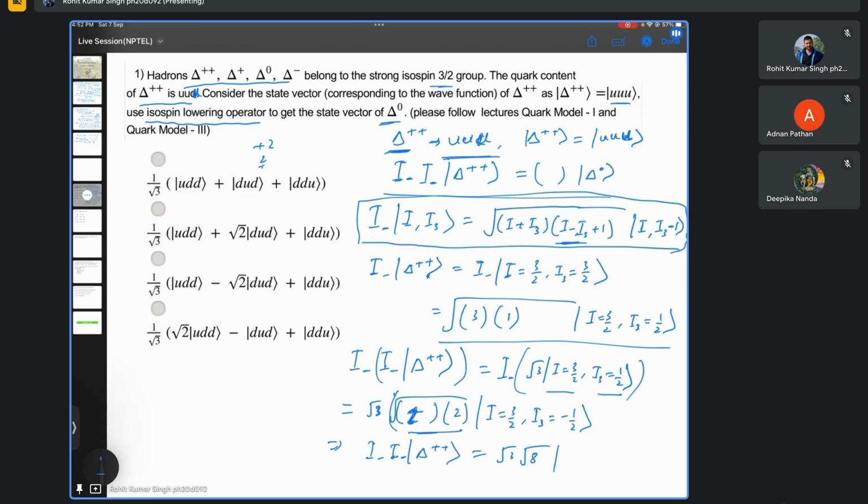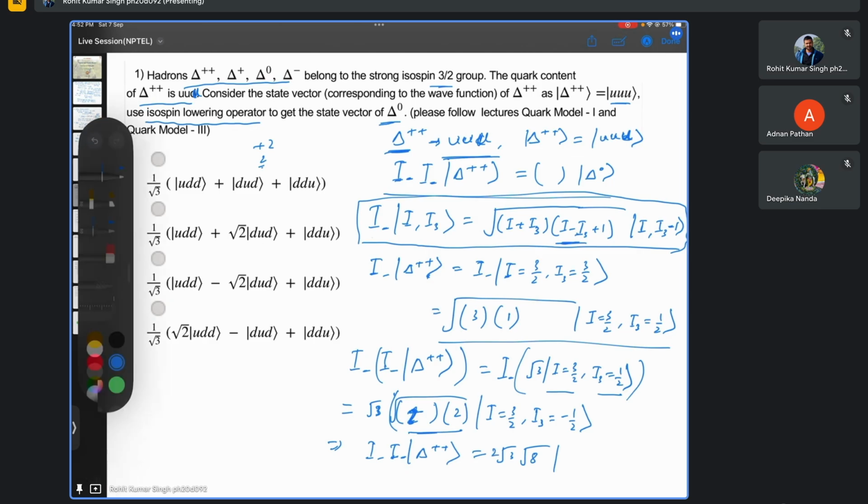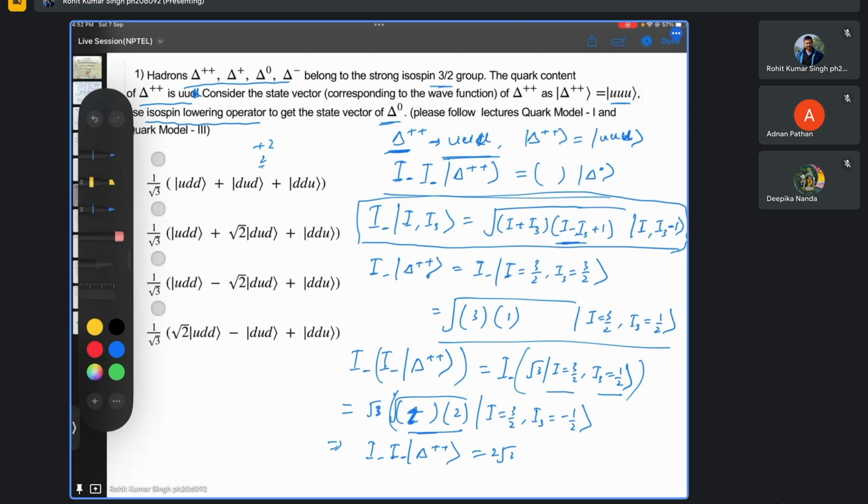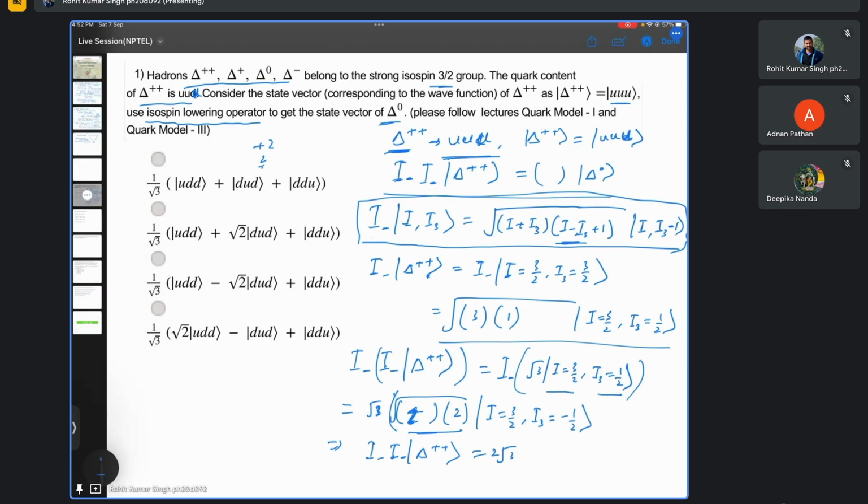Okay, then you have just 2 root 3, I equal to 3 by 2, I3 equal to minus half, and this is the delta 0 state. We wanted to get this coefficient, so this is the delta 0.